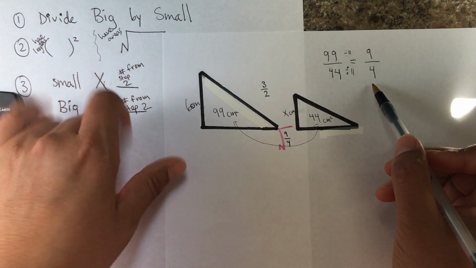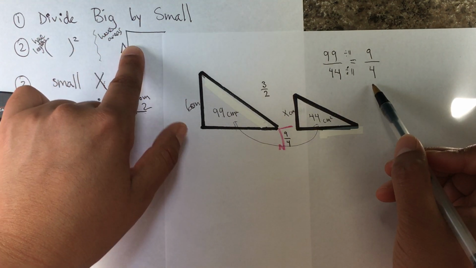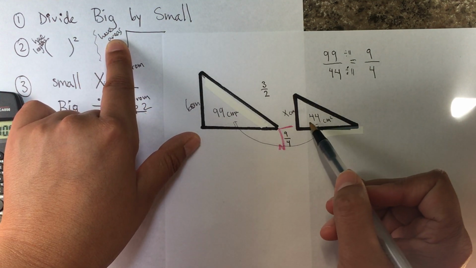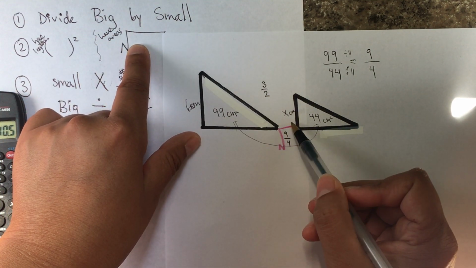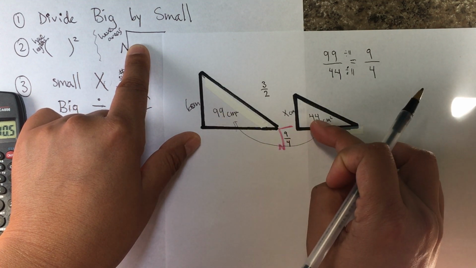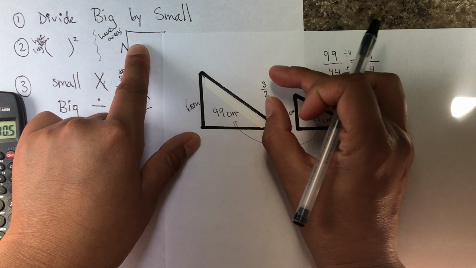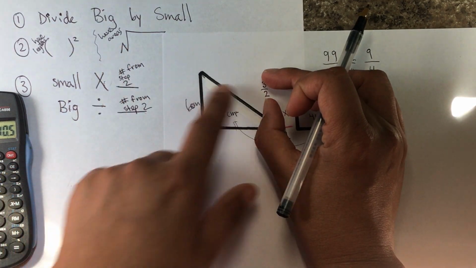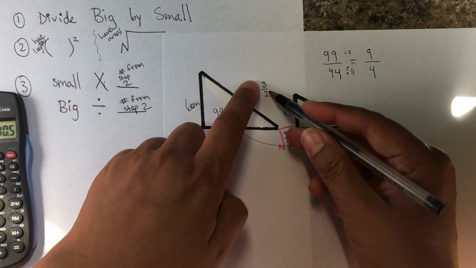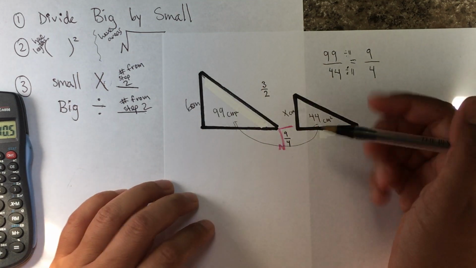The second step is to either take the square or the square root, depending on what we have. We have areas in here, so that's why we're taking the square root. We took the square root of the relationship between the areas, we put it in here, and that's the relationship of the lengths. Remember that this is always squared for the areas or vice versa.